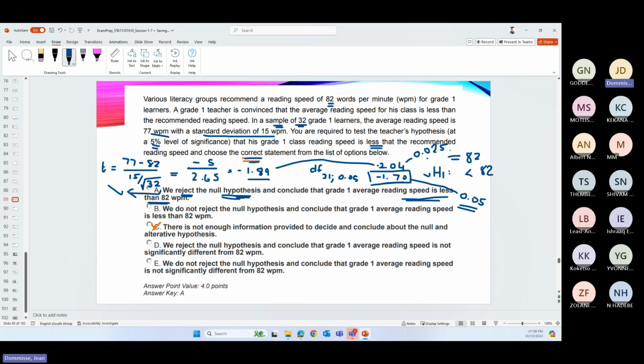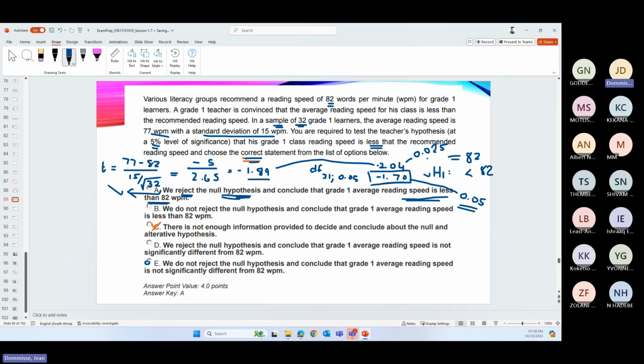If we used it as a two-tail, we would have said, no, we do not reject the null hypothesis, and it is not significant.